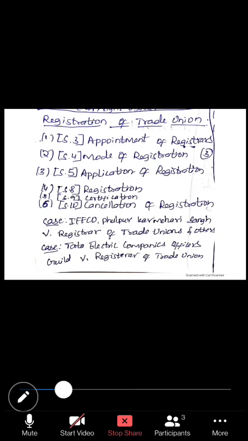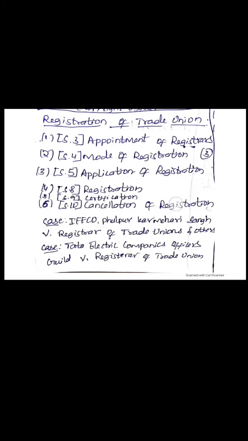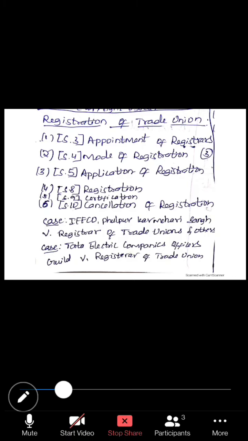In case of workmen, the name of the trade union and the address of its head office should be specified in the application. And the title, names, ages, addresses, and occupation of the office bearers of the trade union should also be specified. So the trade union also has office bearers. They have chairpersons, etc. They should be specified in that application.